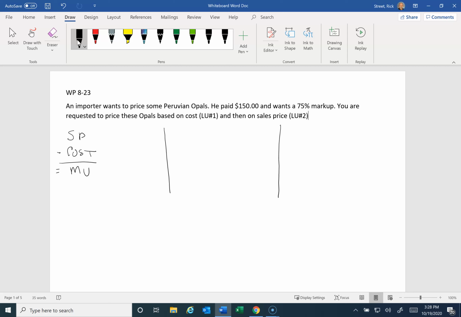And since we're going to first do it on cost, then we know that the cost is 100%. That's a given. We also know the cost, $150. We know that to get to 100%, we would simply take 150 and divide that by 150. That's just the cost divided by the cost equals the base of 100%.